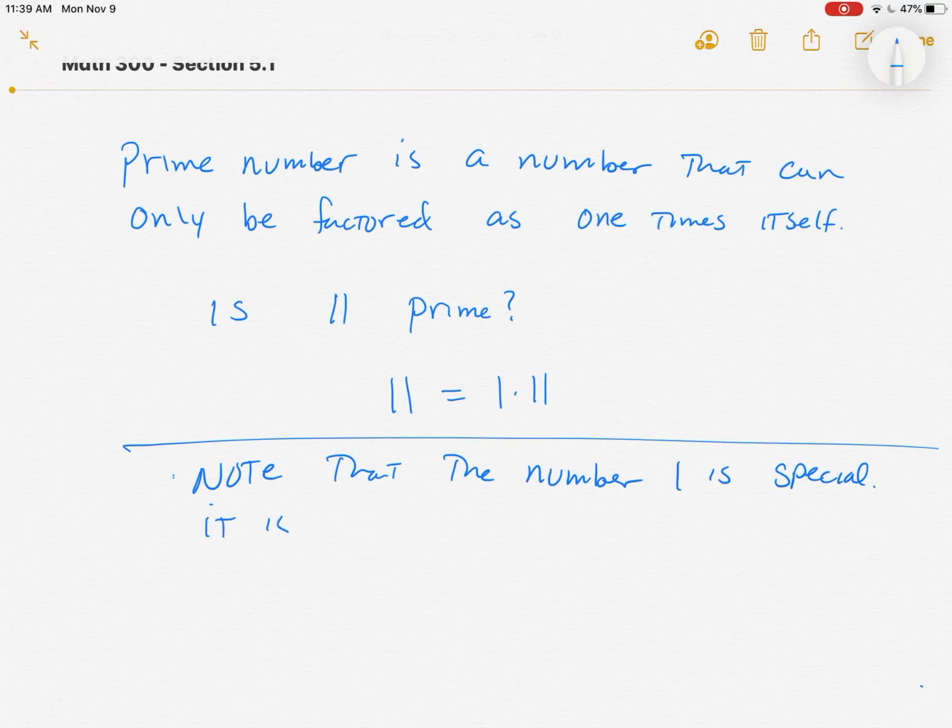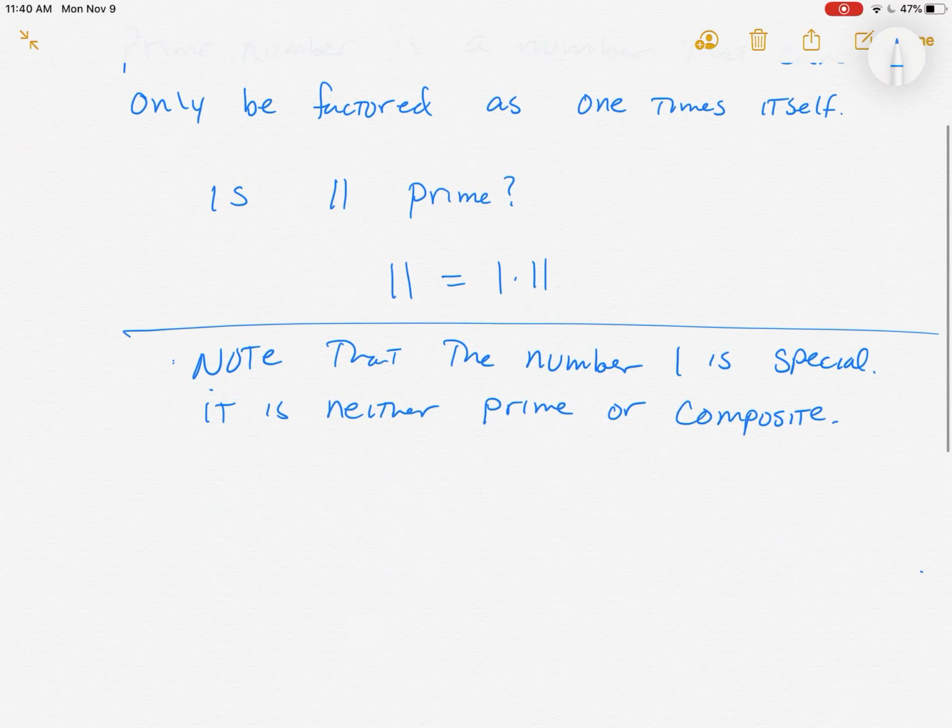It is neither prime, which you have a definition of, or composite. So they'll use this word composite. A composite number is a non-prime number, a number that has other breakdowns than 1 times itself. So lots of numbers are composite. Most of the numbers we see are composite, but there's some primes scattered throughout there. But 1 is neither considered prime nor composite.